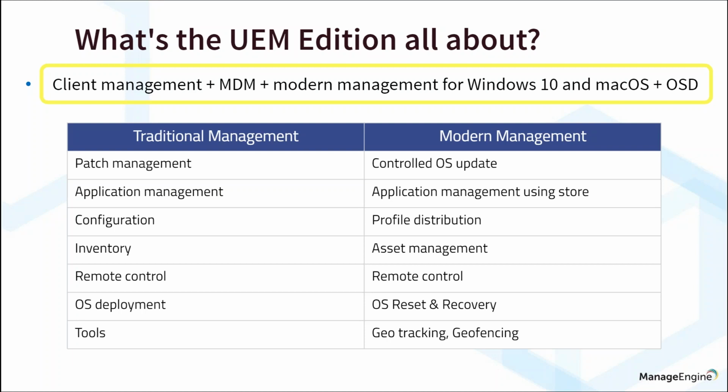Similarly, endpoints can also be managed with modern management. All modern operating systems support modern management. So it supports features like geo-tracking, geofencing, managing store applications, profile distribution to enforce restrictions, operating system reset and recovery.